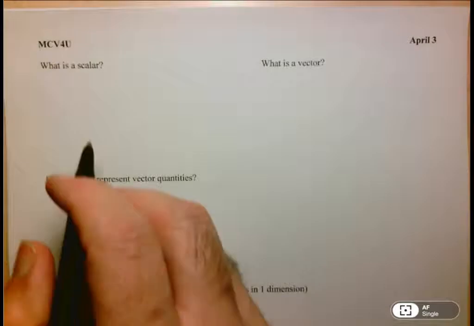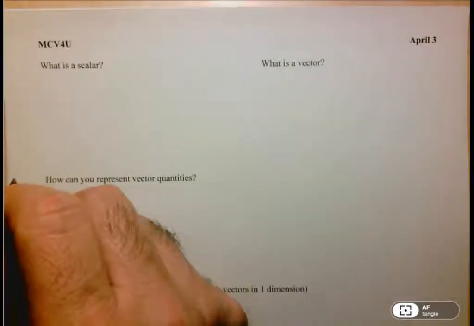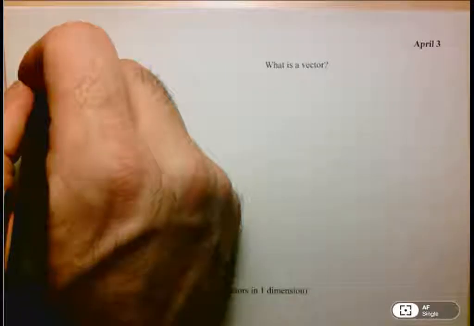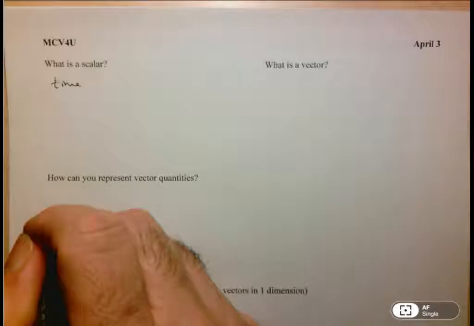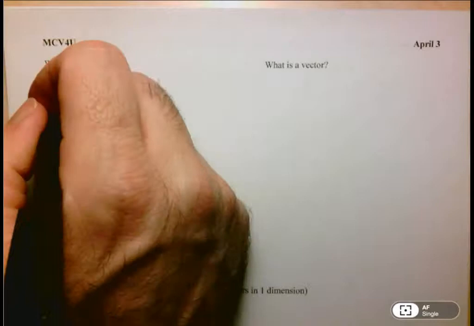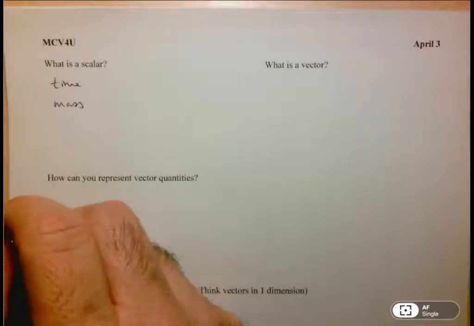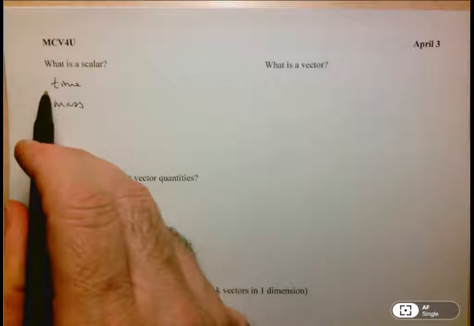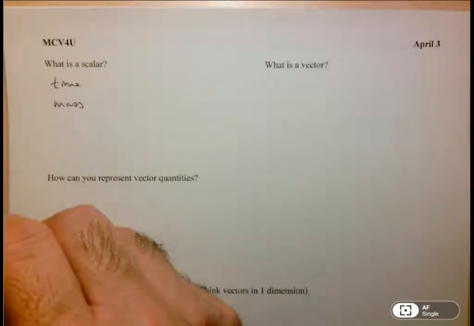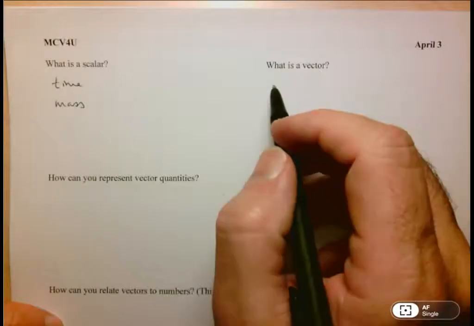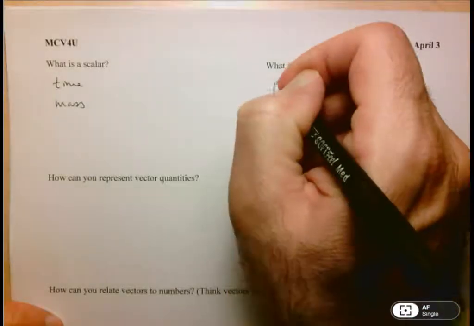A scalar is just a quantity that can be defined or described using just a number, something like time, something like mass. All you need is a number and a unit, of course, to describe things like this. Now, the idea of a vector is if you take something like force.